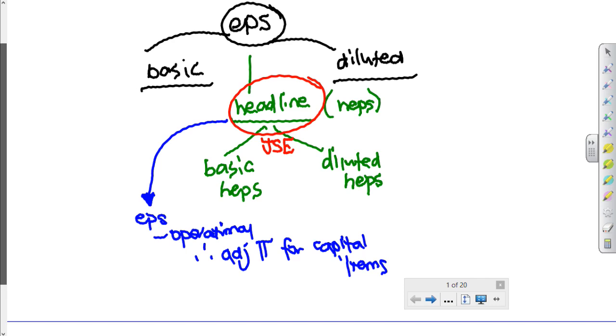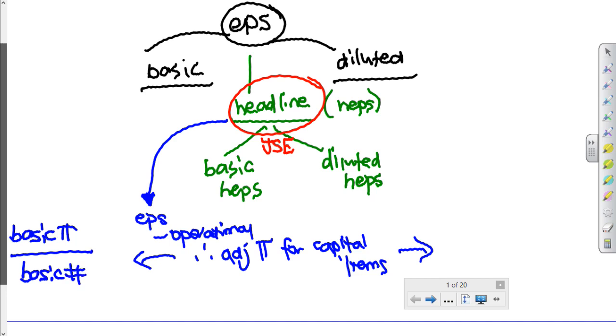The starting point is therefore basic profit over basic number of shares, and here it is diluted profit over diluted number of shares, which we've spent the last 2 weeks doing the calcs for, and then we do the adjustment.